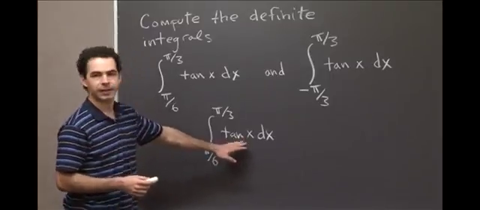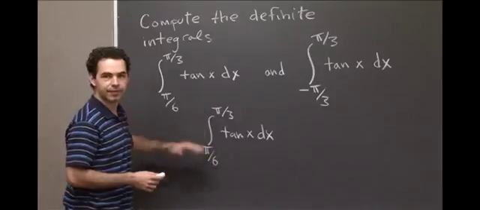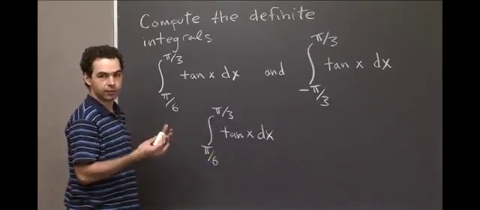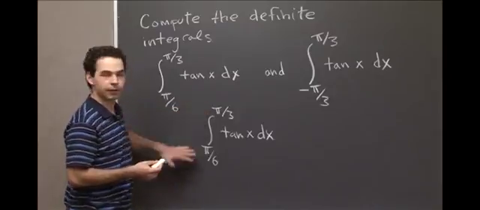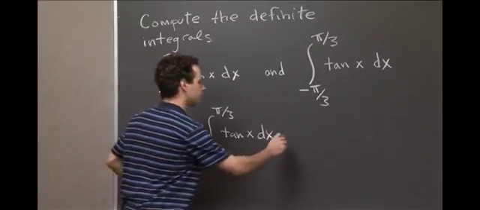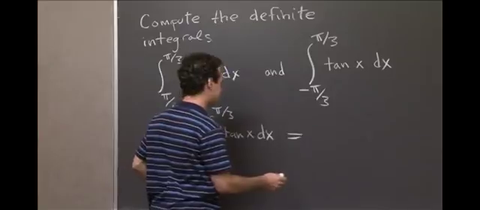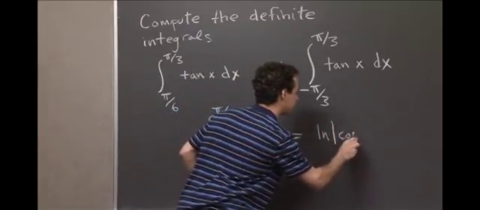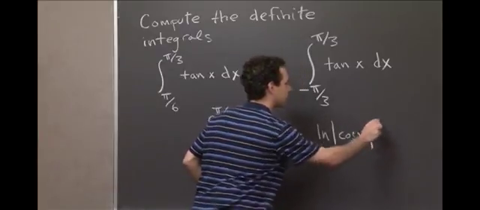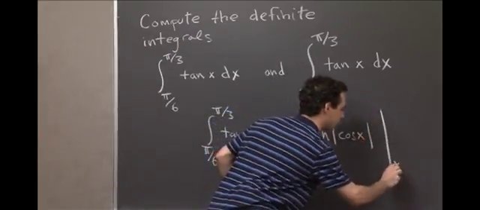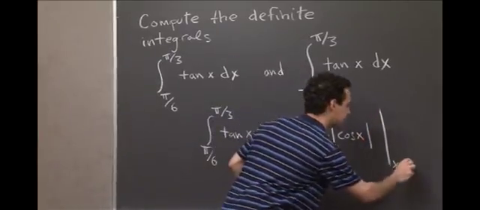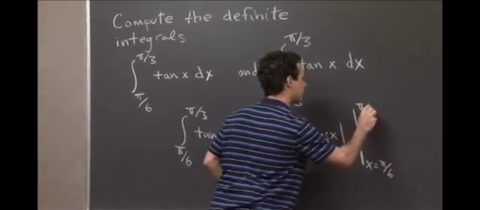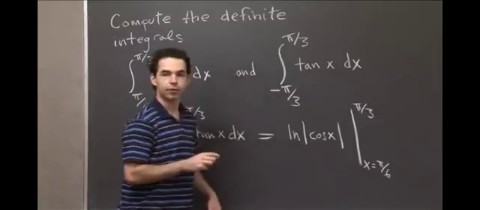The fundamental theorem of calculus says that to compute the value of this definite integral, we just take the difference of that antiderivative at pi over 3 and at pi over 6. So by the fundamental theorem of calculus, this is equal to ln of the absolute value of cosine x for x between pi over 6 and pi over 3.